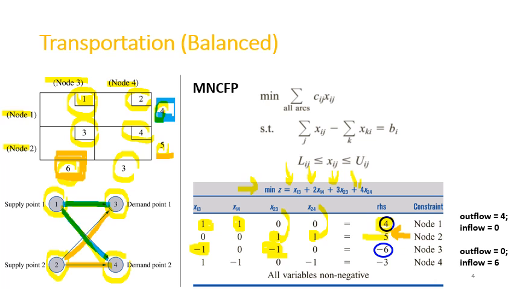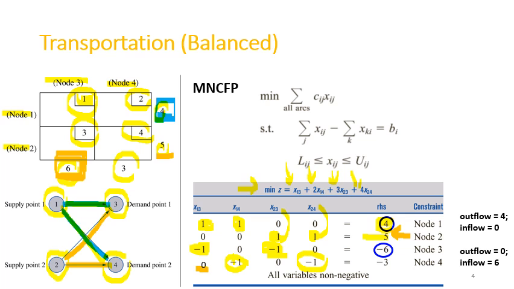And then for node 4, I think I noticed a mistake in your book. This thing here shouldn't be 1, because if you look at the index, it is x13. It has nothing to do with node 4, so it should be 0. Okay, and then same thing, you check which flows are going into node 4: from 1 to 4, from 2 to 4.